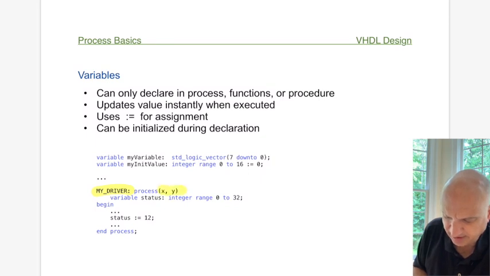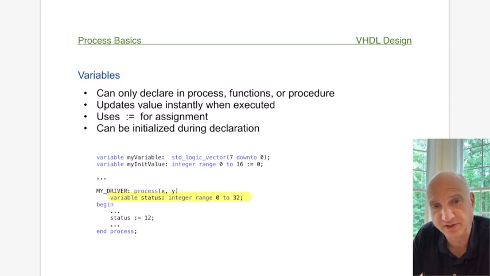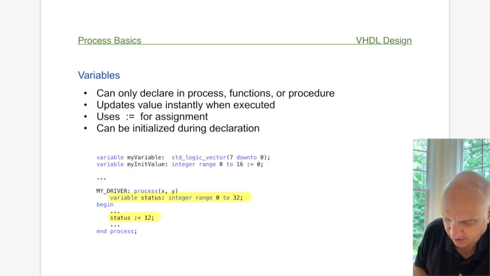We have a sensitivity list here, just random variables as an example. And then inside the process, I've declared a variable called status. That has scope inside the process only. You can only see that variable inside the process, and it's used by the process. And here's an example assignment where we just assign it the value 12.